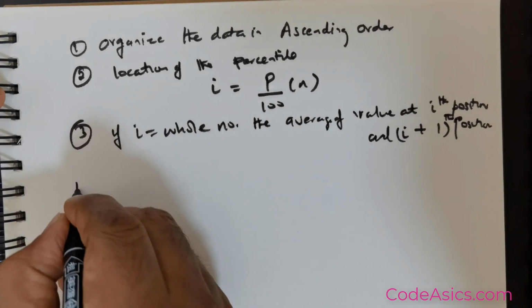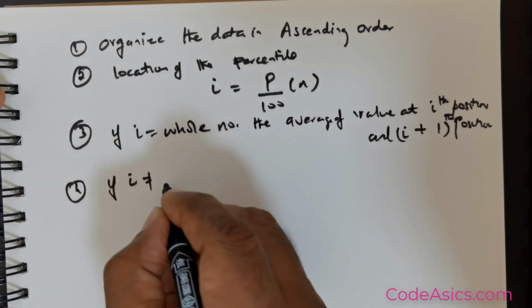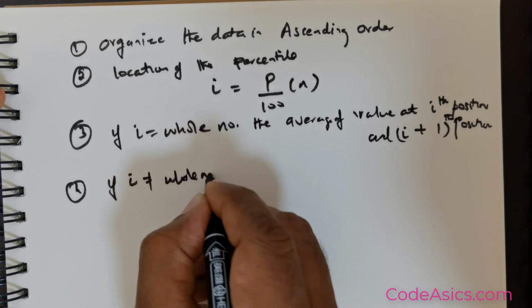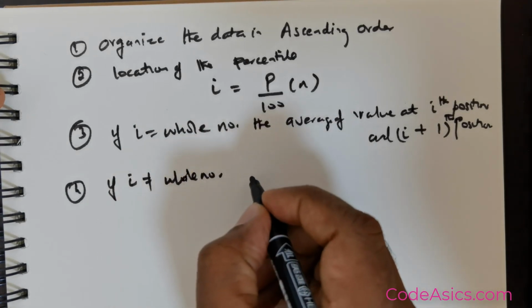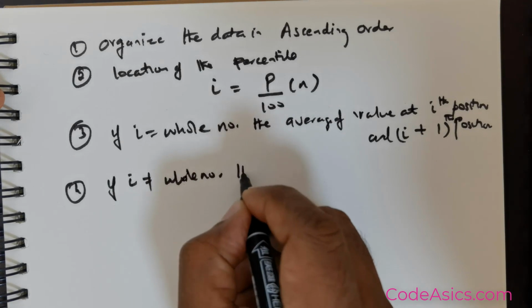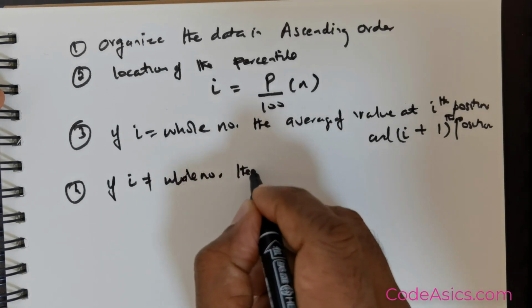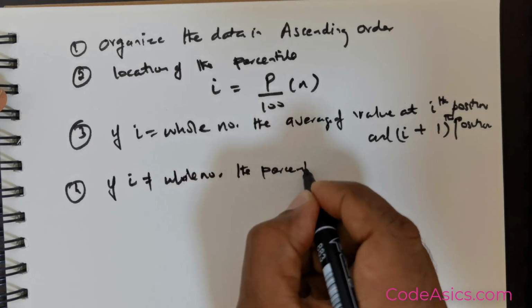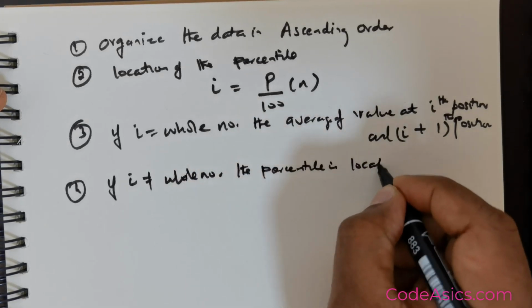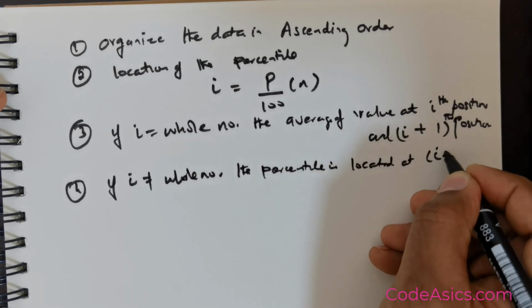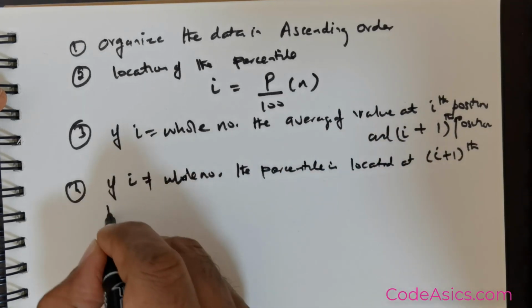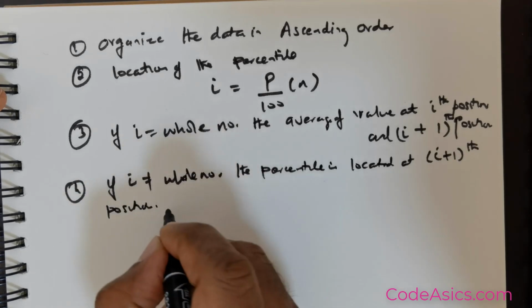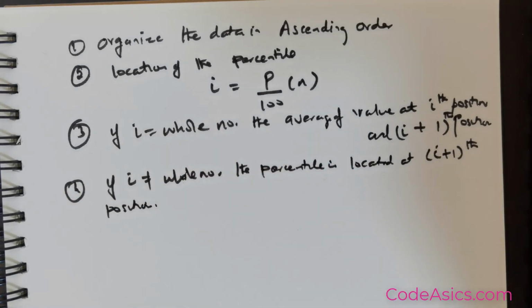Okay, now if i is not a whole number, then the percentile is located at the i plus 1th position in the ordered array.